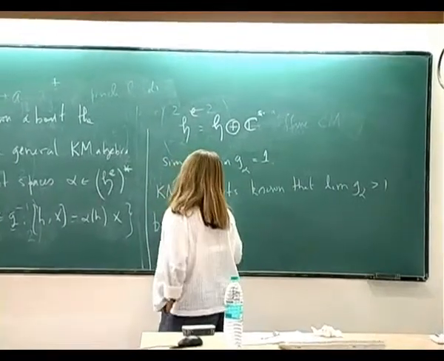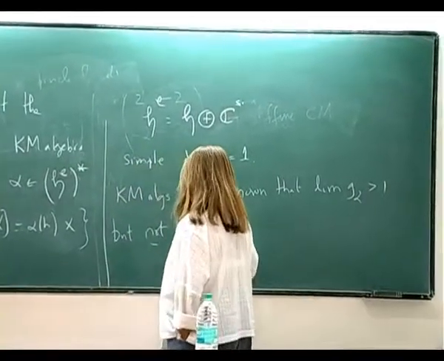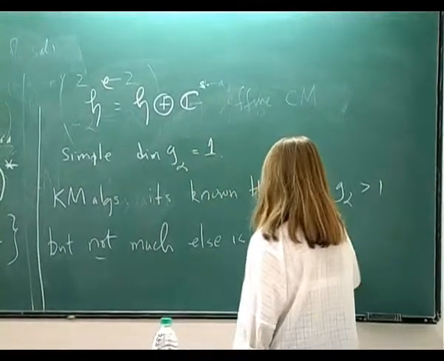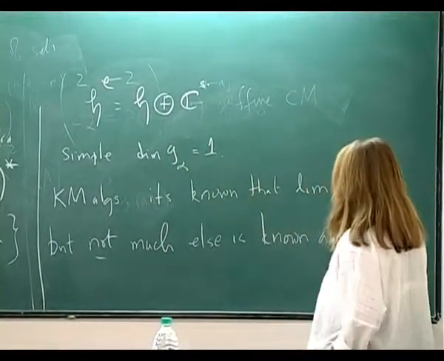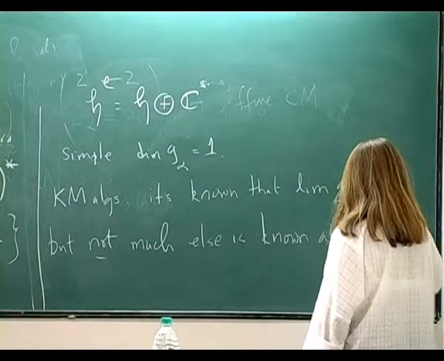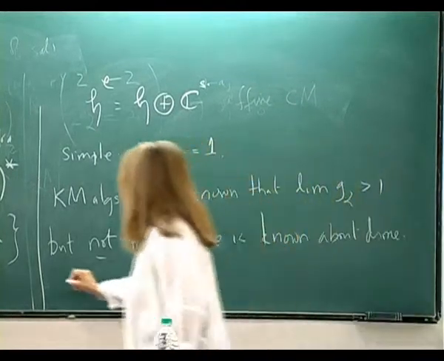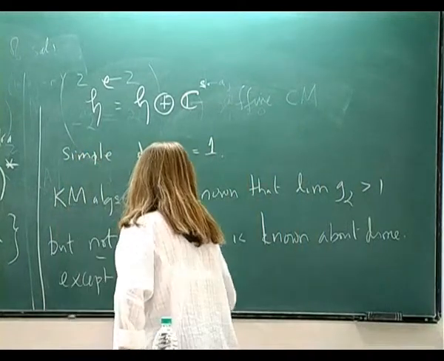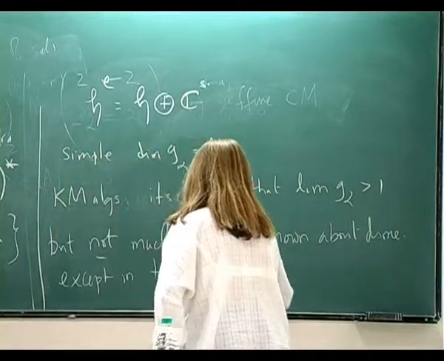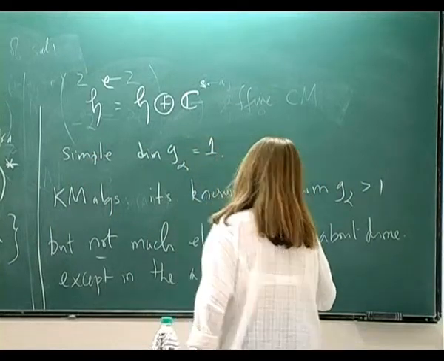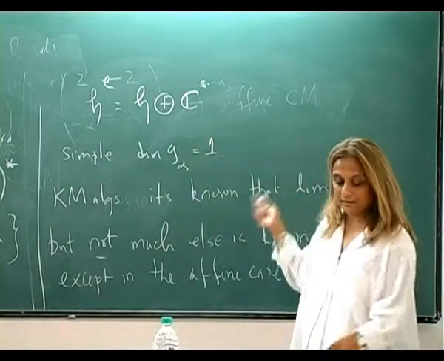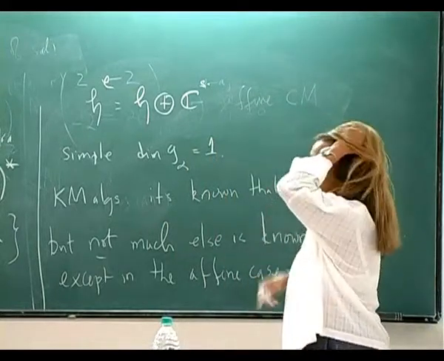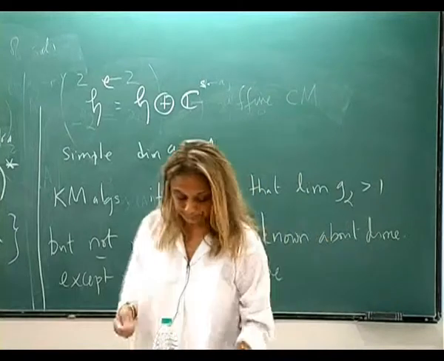Not much else is known generally, except in the affine case. There are some examples where you know some things, called hyperbolic Lie algebras and so on, but in general not much is known about them.